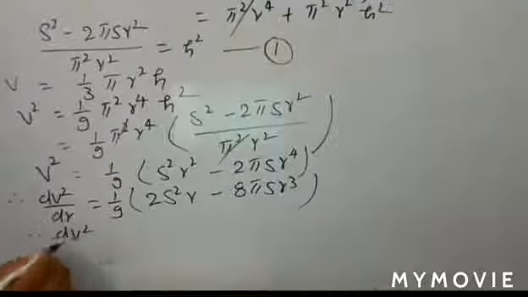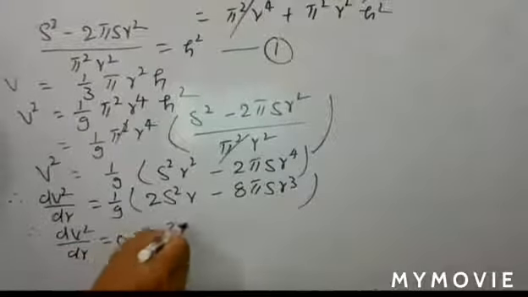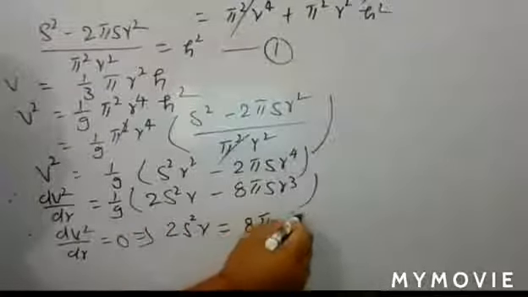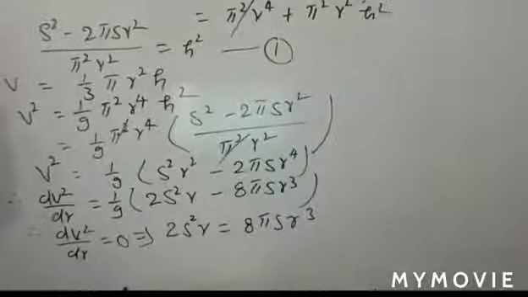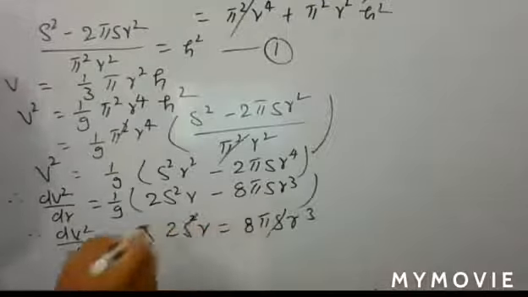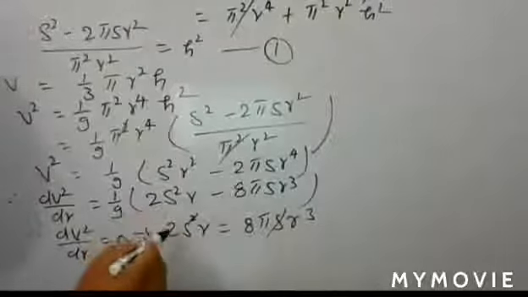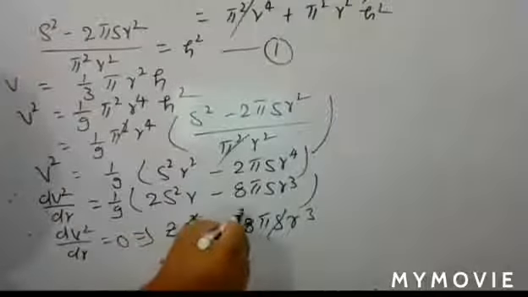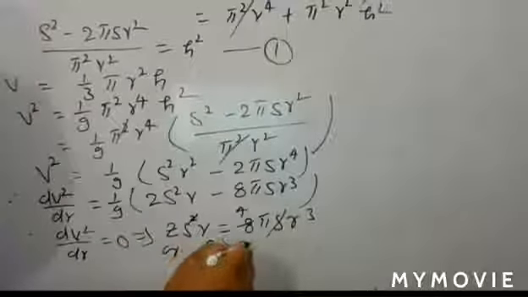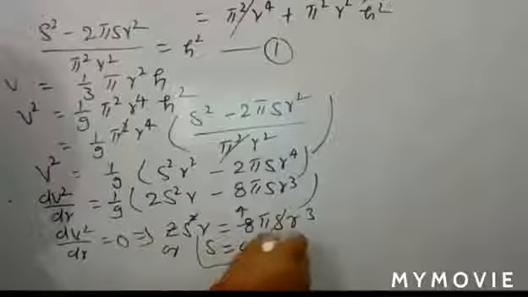So dV square by dR is equal to 0 implies 2S square R is equal to 8 pi S R cube. As S is not equal to 0, meaning surface area of cone is not equal to 0, S is cancelled out from both sides. In the same way R is also not equal to 0, so that we also cancel out, and here you have 4. So overall, S is equal to 4 pi R square. That is your result.